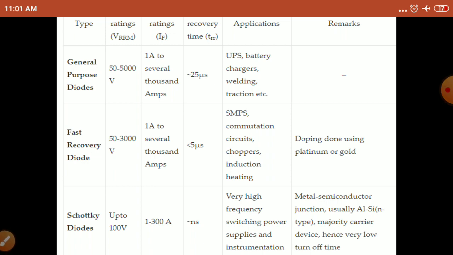Compared to other power diodes, silicon carbide diodes have somewhat higher power handling capabilities. That's about the types of power diodes used in power electronics.